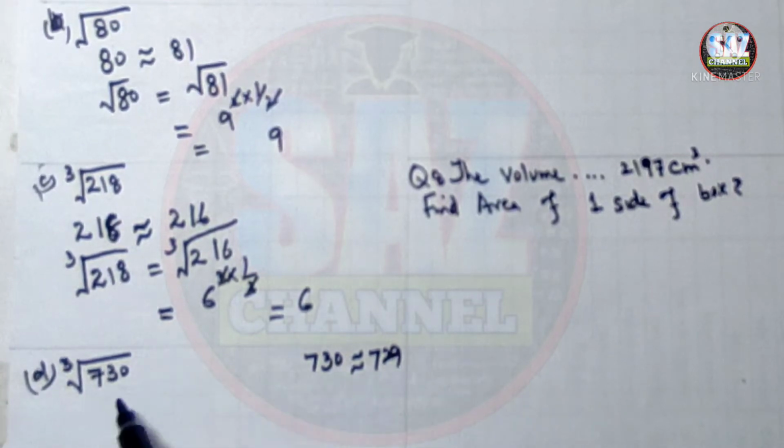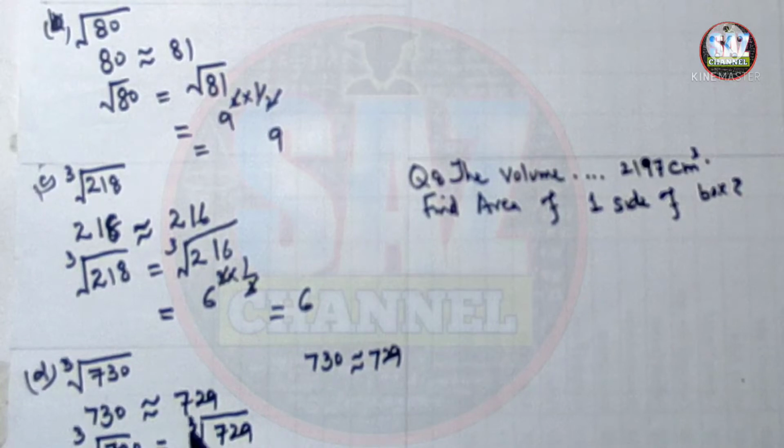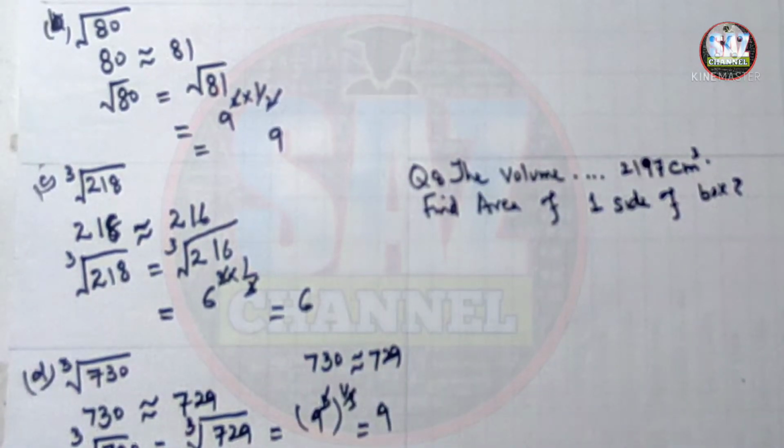So 730 will be approximately equal to 729. And now cube root of 730 equals cube root of 729, and this will give me 9 cubed raised to power 1 by 3. This goes, and I will have 9 with me.